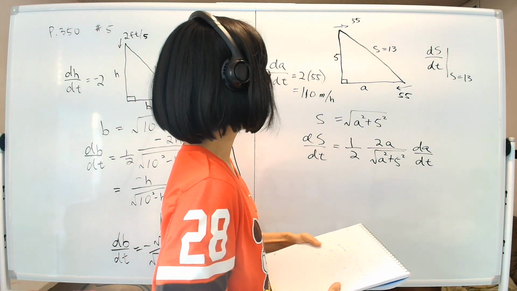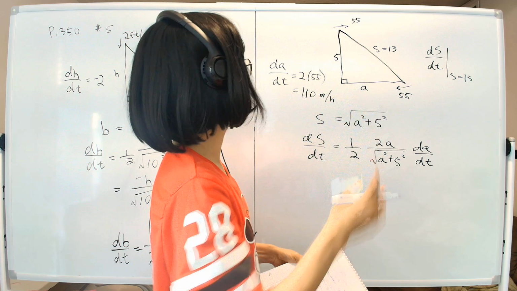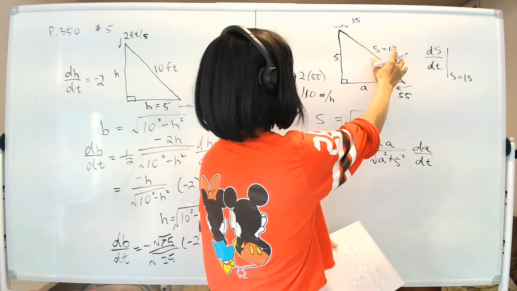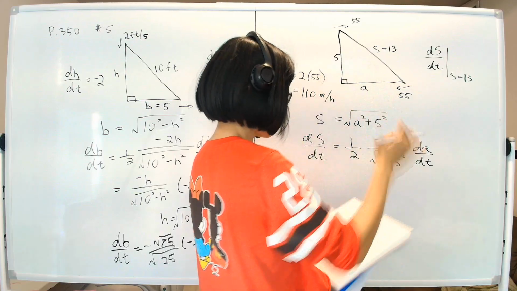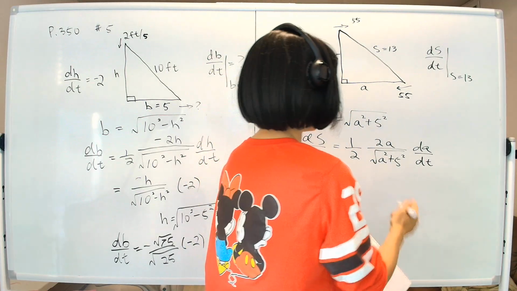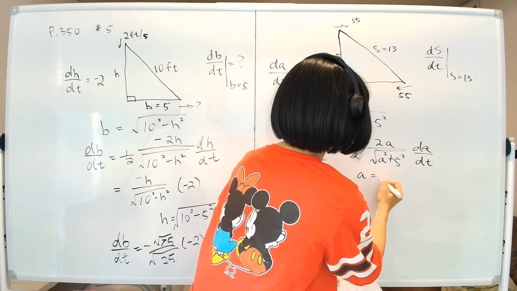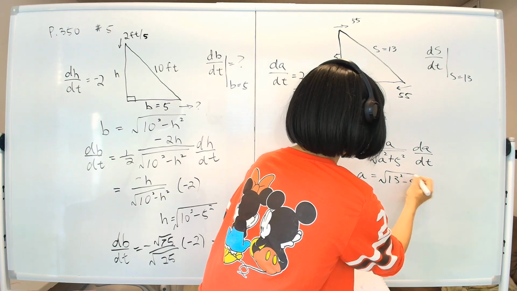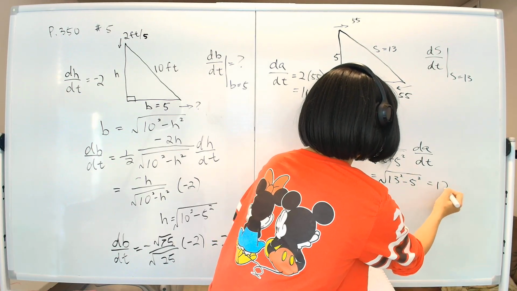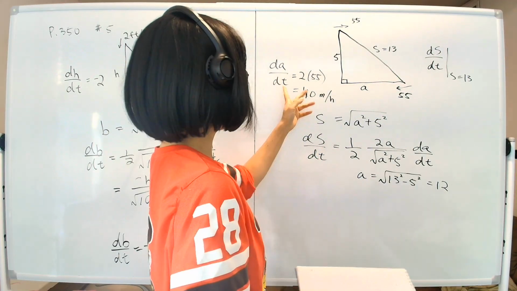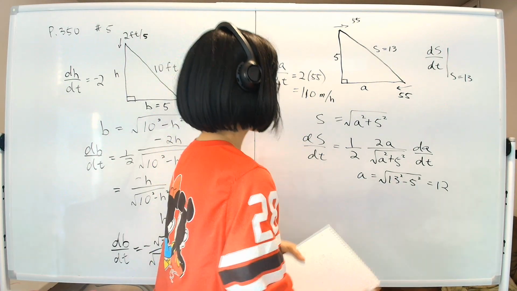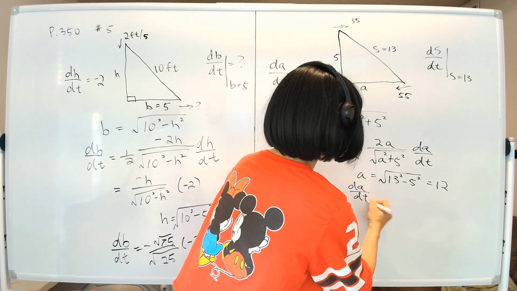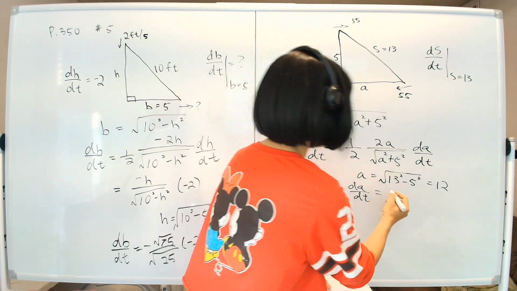What is the value of a? The value of a equals, Pythagoras theorem, 13 squared minus 5 squared, which equals 12. Okay, and then dA by dt is 110, right here is 110.